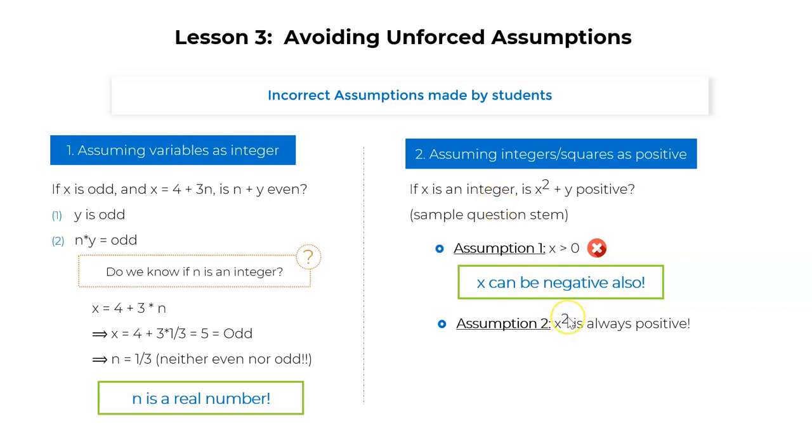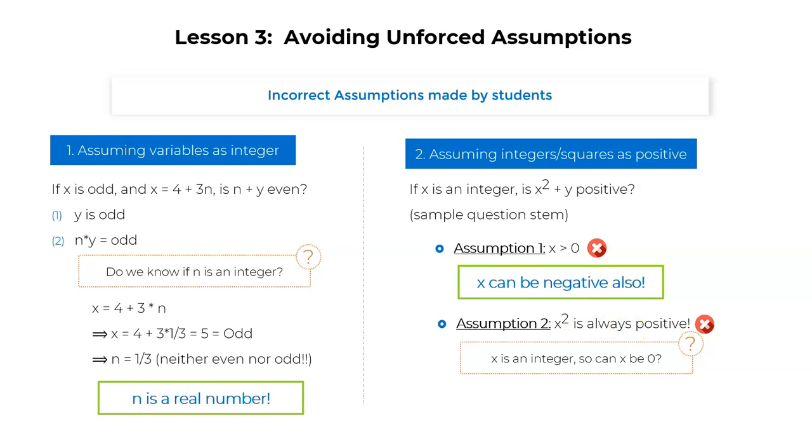And if you have x square, then you also need to ask yourself, if it's an integer, can't x be 0? Okay, it's quite possible that it can take positive values, it can take negative values, and it can take 0 also. If it is 0, then 0 square is 0, and 0 is not positive. 0 is a non-negative number.